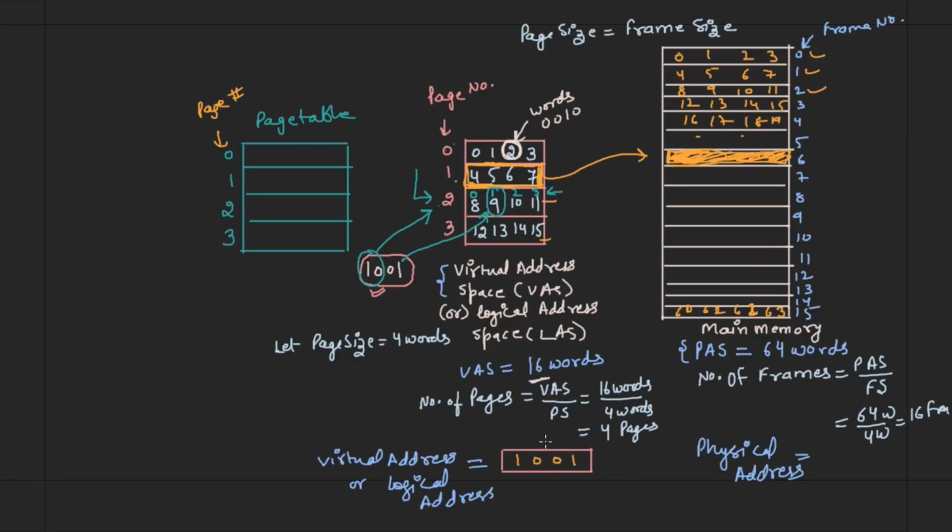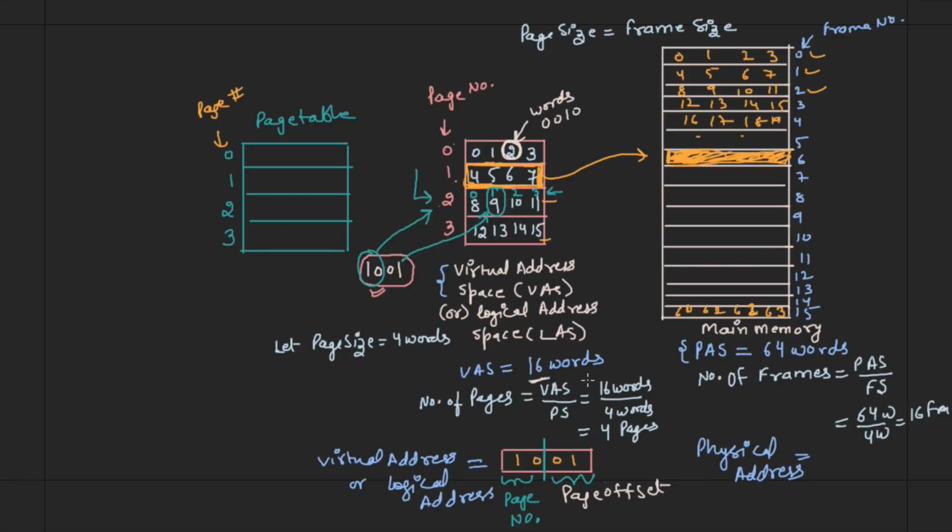The first part is denoting the page number, and the second part is denoting the particular word number inside the page, which is also called as page offset. Page offset. Okay, got it?